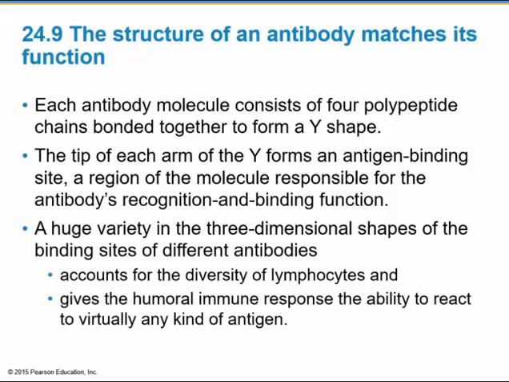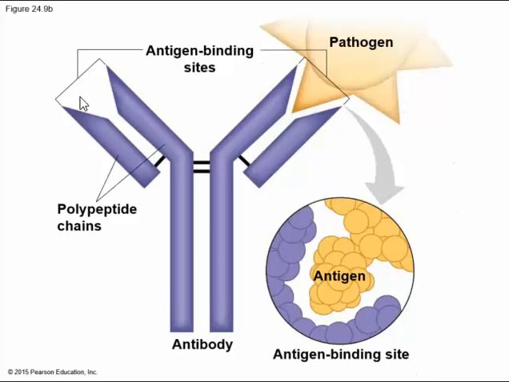It looks like a Y, and the tip of each arm forms an antigen binding site that works on antigen recognition and antibody binding. There is a huge variety in 3-dimensional shapes with different antibodies. That's why you have so many different lymphocytes and they react to so many different antigens. Looks something like that.